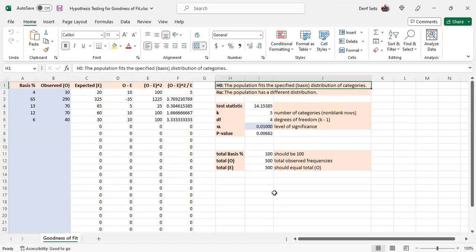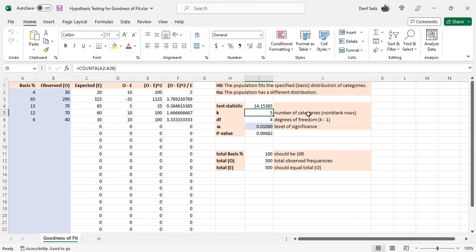The null hypothesis is that the population fits the specified basis distribution of categories. The alternative is that the population has a different distribution. The other calculations here, besides the test statistic, we'll come back to in a minute.